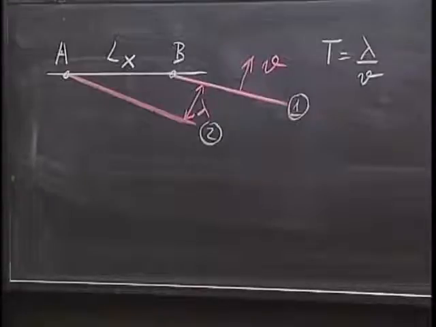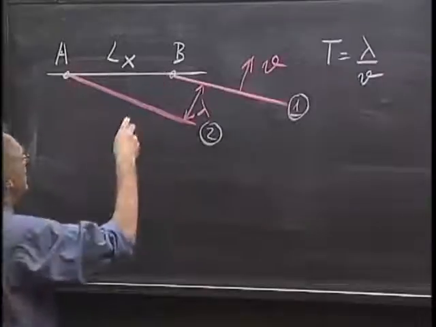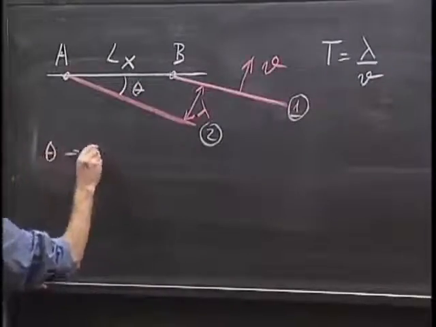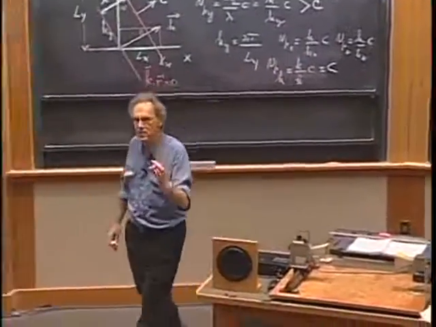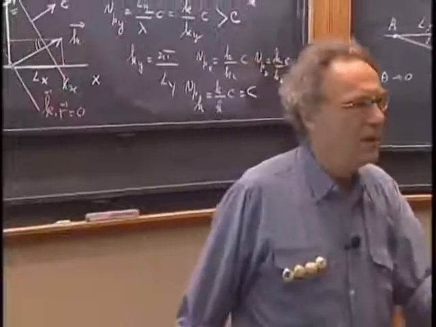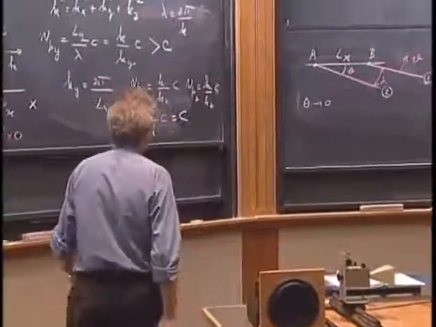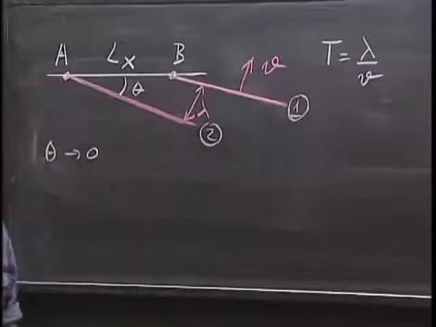That difference in arrival time of one wave between point A and B depends on this angle theta. And when theta goes to 0, that difference in arrival time goes to 0. Both A and B will at the same moment in time see that wave. So that means that when theta is 0, this L of x becomes infinitely large.